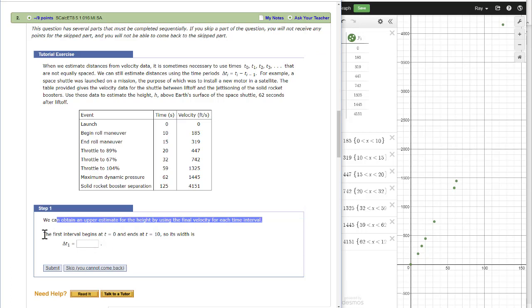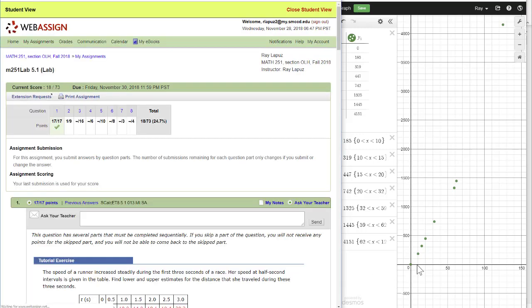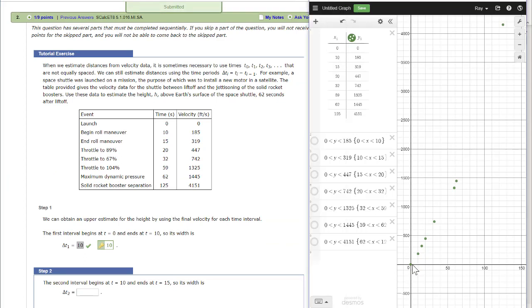The interval begins at t equals 0 and ends at t equals 10. So the width here is 10 minus 0, which is equal to 10. That's how wide this first interval is, from the x-axis.